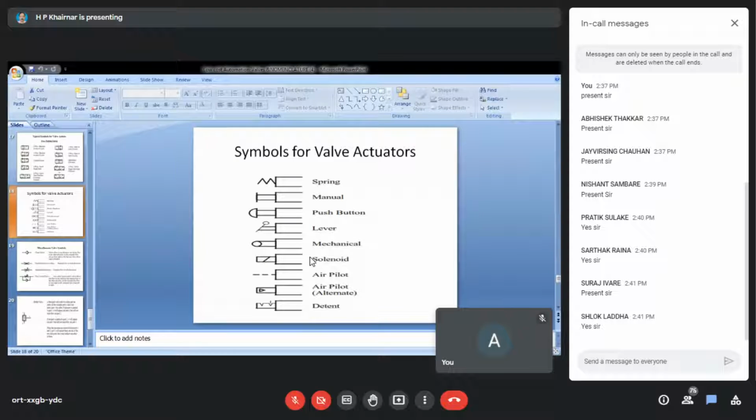If you pass electricity through it, it creates actuation, so keep that electrical actuation in mind. Then there is air pilot. Does anybody have any idea about this air pilot? What pilot connections are there? Air pilot means only dotted lines are indicated. What does it mean?